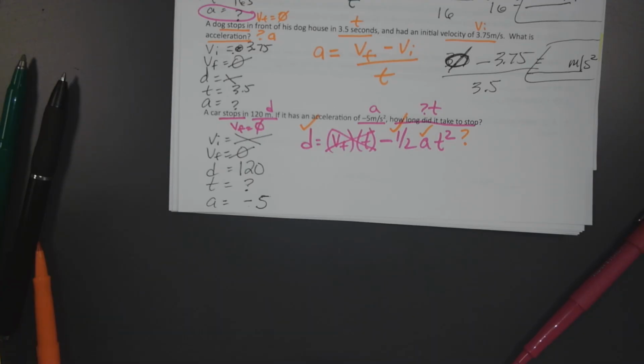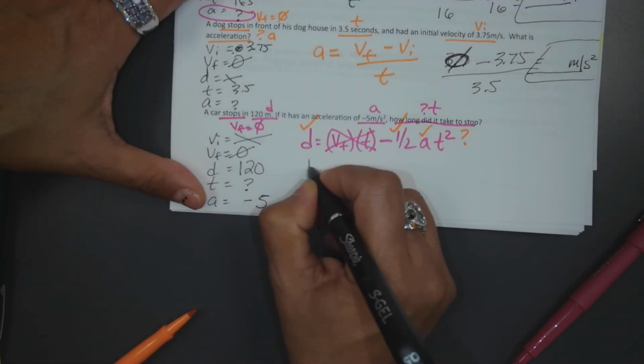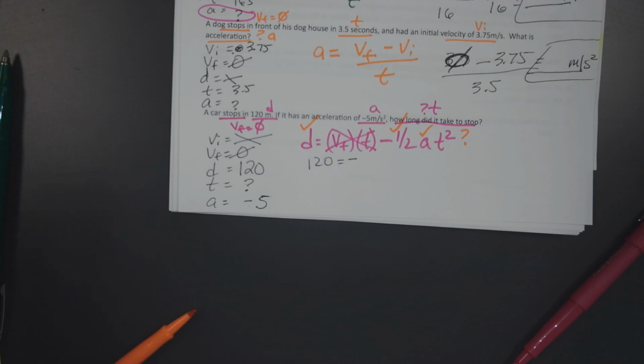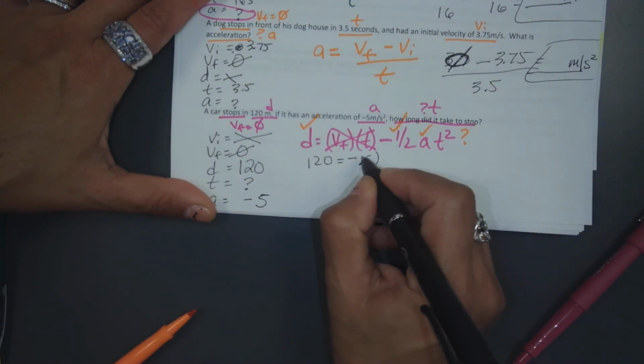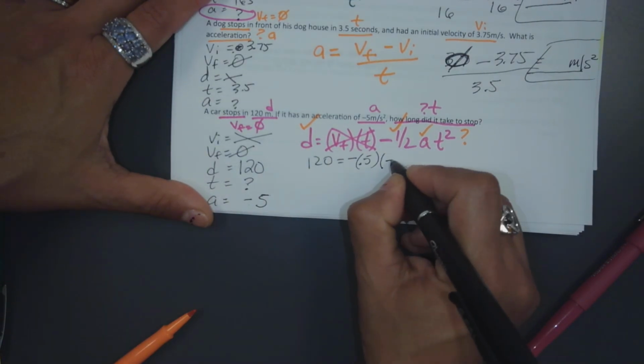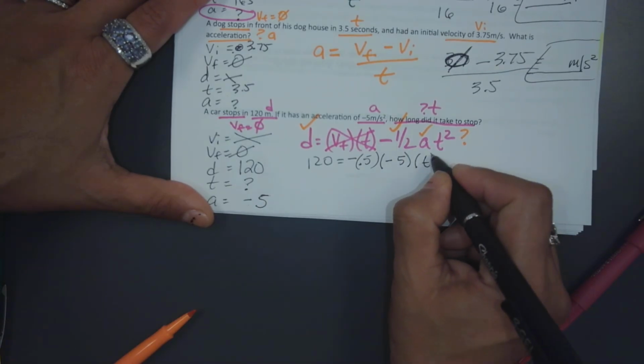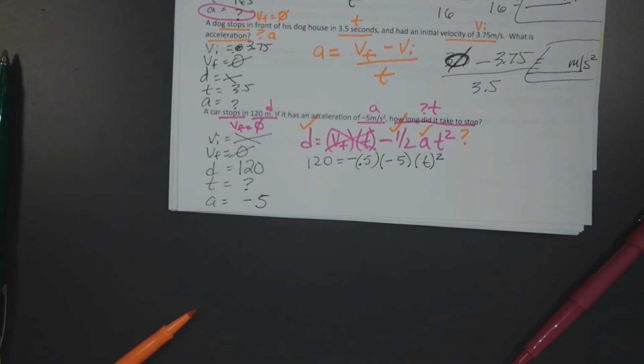Now let me go ahead and fill in my variables: 120 equals a negative, because I cannot get rid of that negative, 0.5 times a -5, multiplied by T squared. All right, T squared, because I can't forget to square that. And I know that before I even finish, because T is my unknown variable, I need to square root that. So put that in the back of your mind too when you're doing this math, okay?